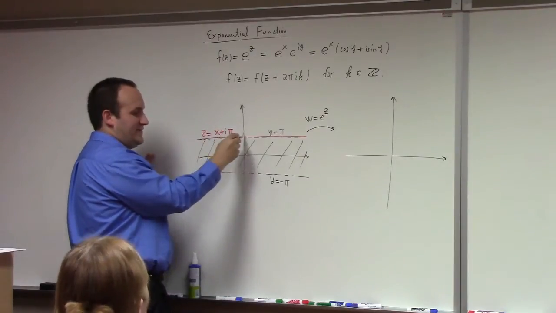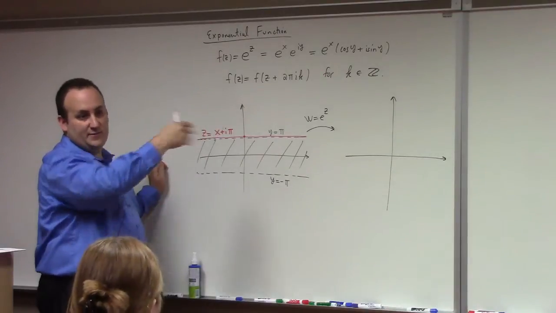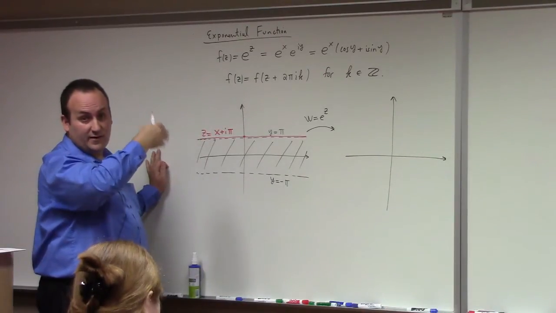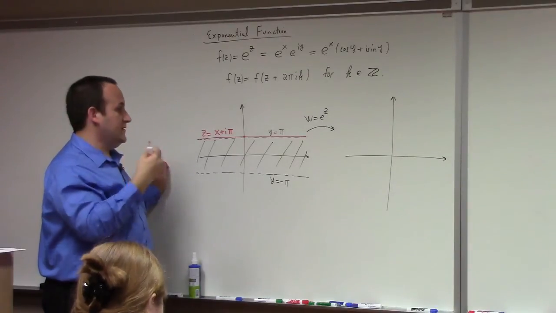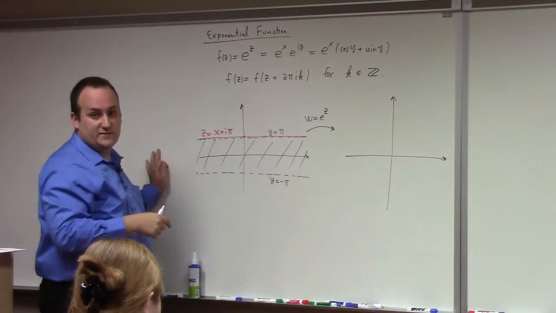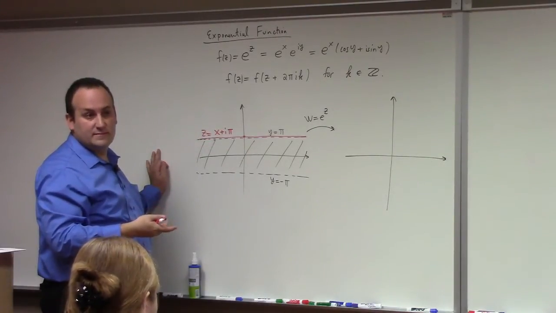The one I wrote was this point right here to start with. So as x varies, what happens? e to the x goes what? Larger and larger and larger. As you go to minus infinity, e to the x goes to 0. As you go to plus infinity, e to the x goes to infinity. e to the i pi, well, that's always minus 1.